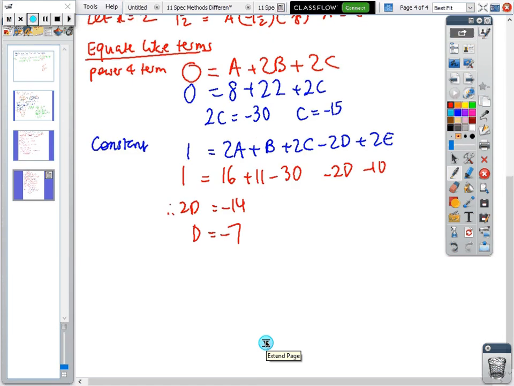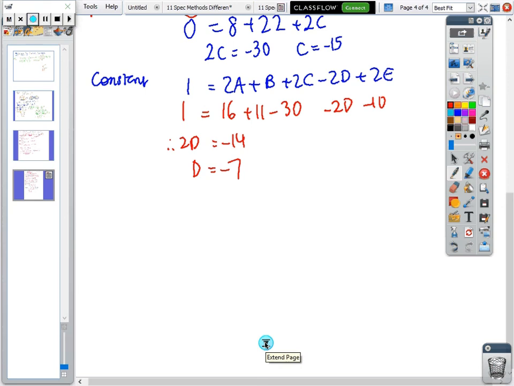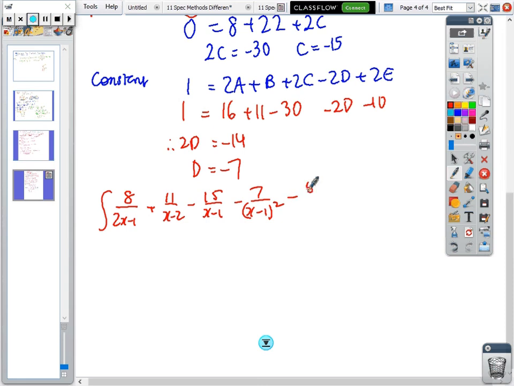And so when you go back to the final part of the question, we've got the integral of 8 over 2x minus 1 plus 11 over x minus 2 minus 15 over x minus 1 minus 7 over x minus 1 squared minus 5 over x minus 1 cubed dx.